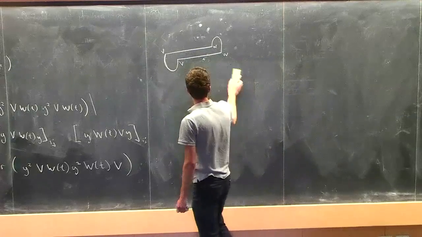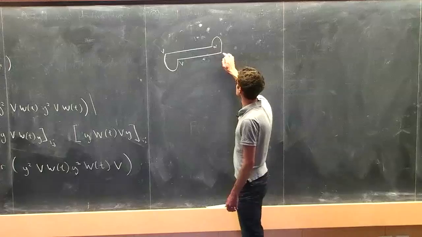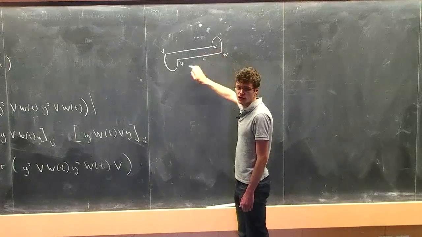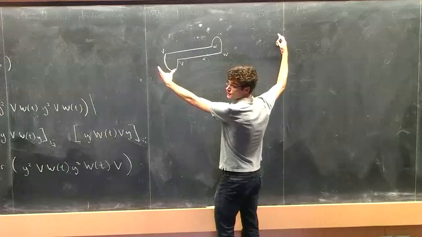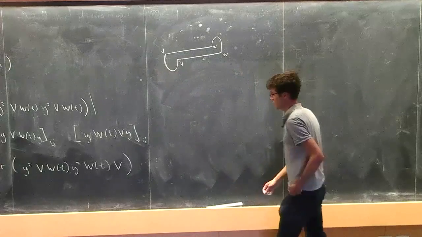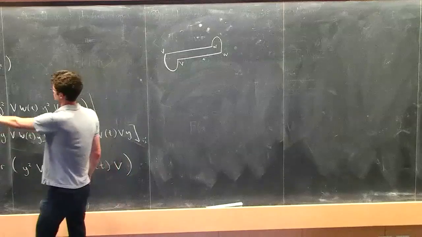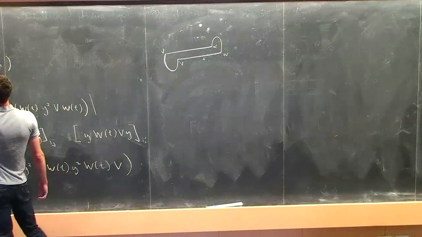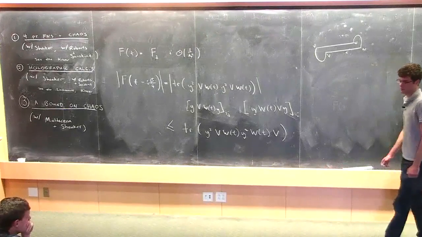But in this case, large time should only make the factorization better, because the w operators are close to each other, the v operators are close to each other along the contour, but they're getting farther apart from each other. So this factorization, where we replace this by f_d, that is trace y squared w times trace y squared v, that approximation should only get better at large t.